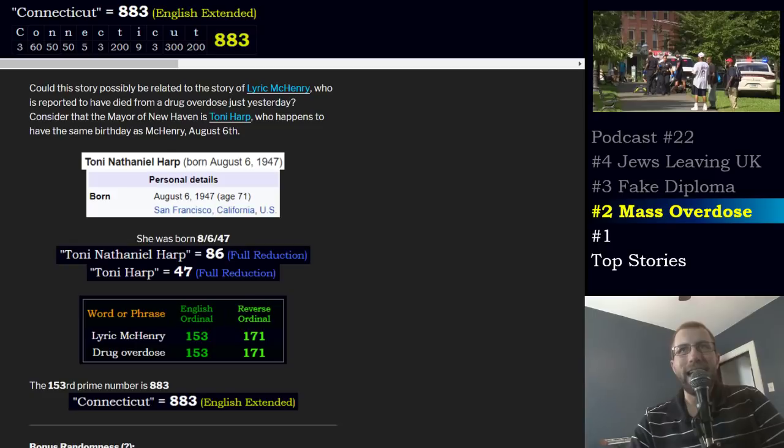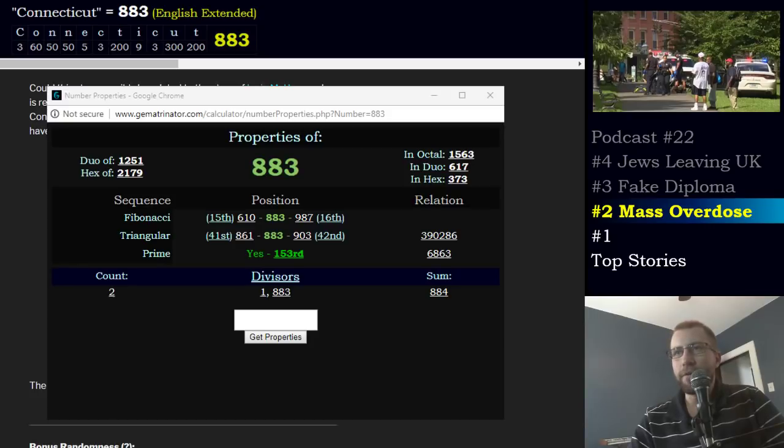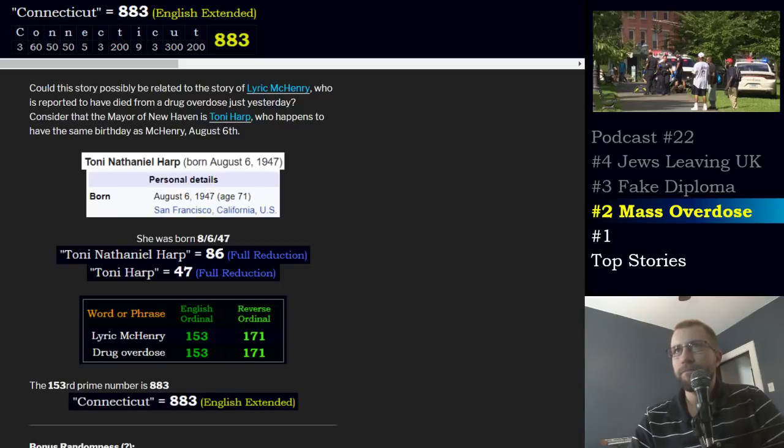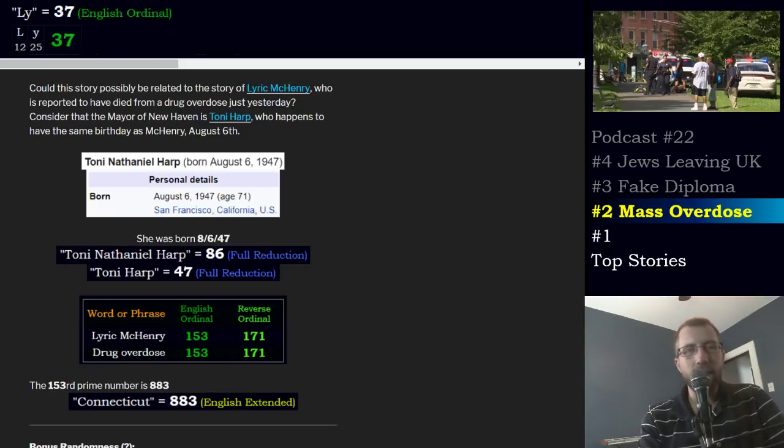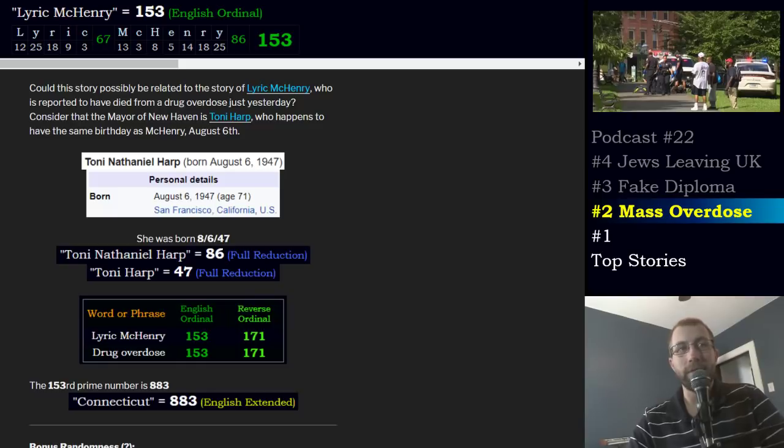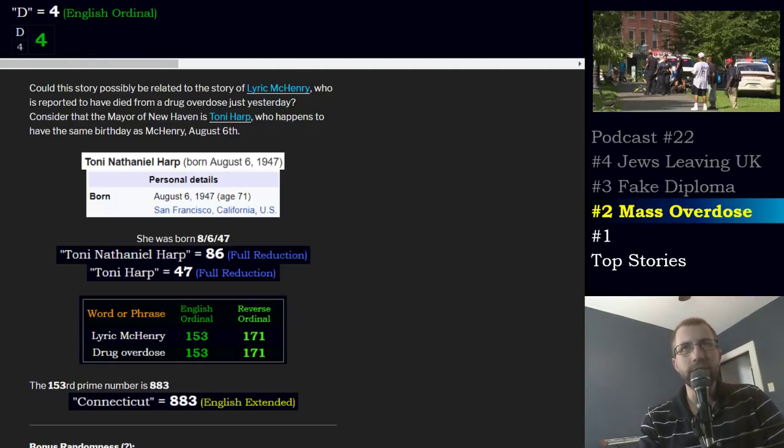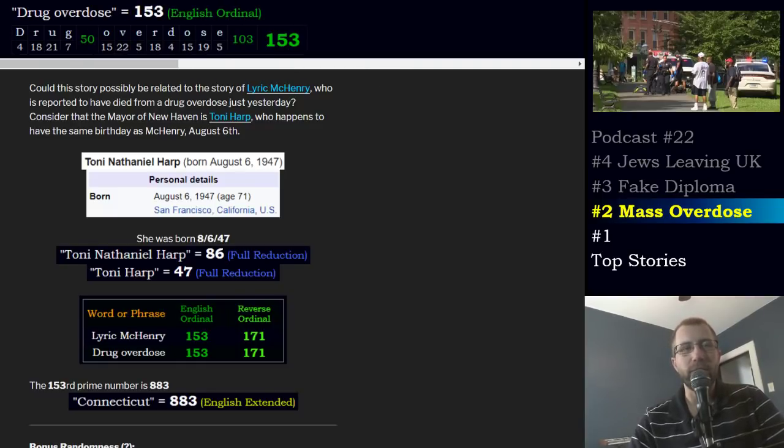Also, Connecticut has Gematria of 883. 883 is a prime number. It's the 153rd prime number. Using the alphabetic order, Lyric McHenry equals 153. So does drug overdose, 153.